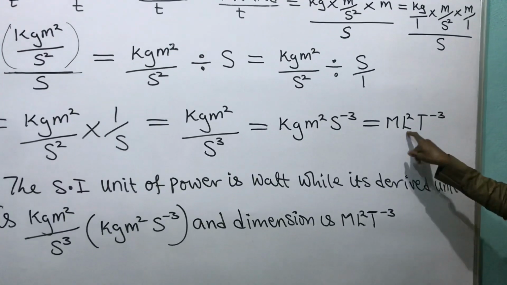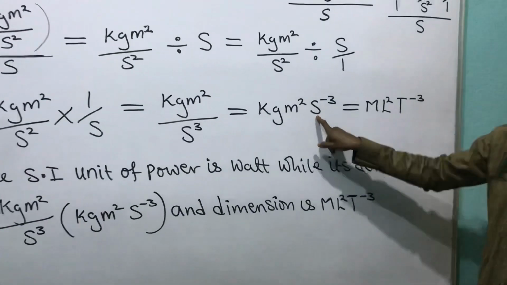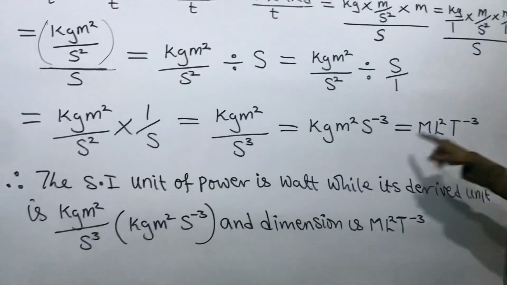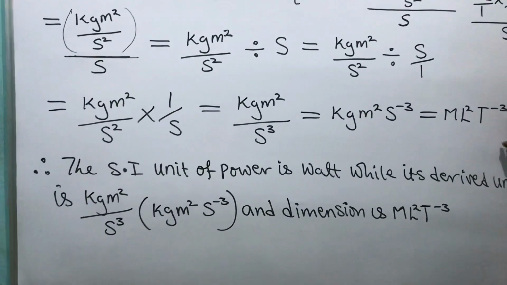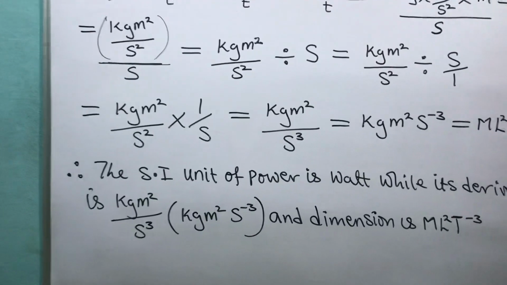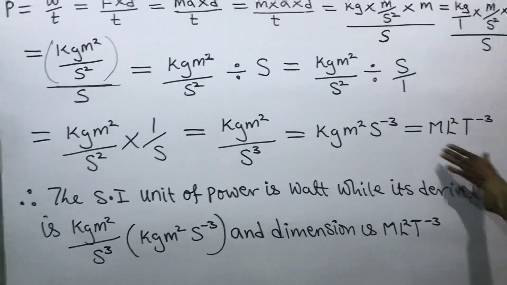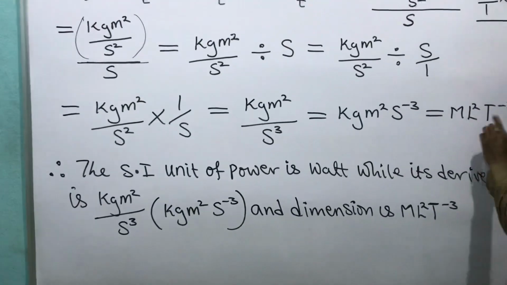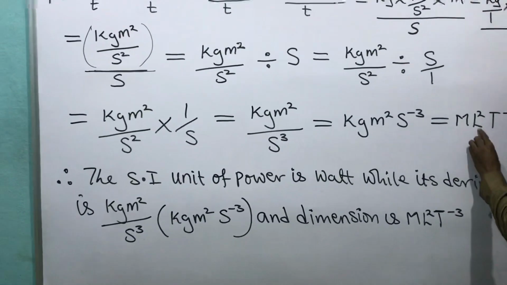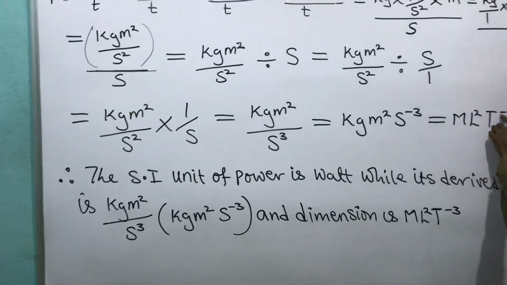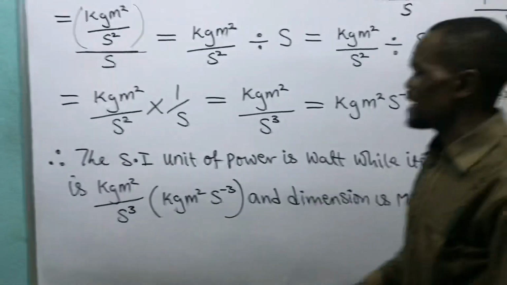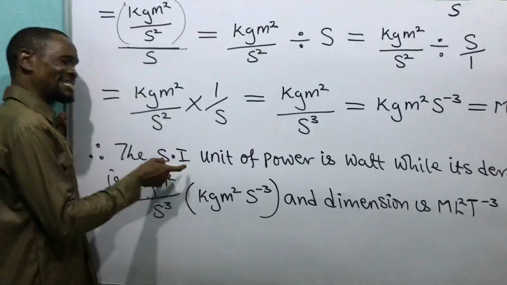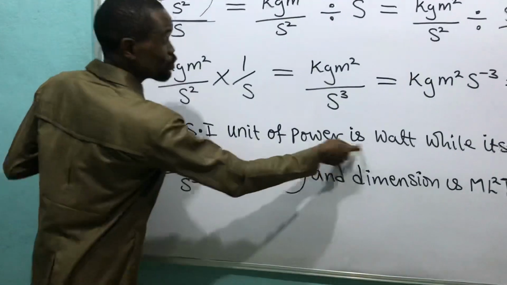Removing the seconds, I put capital T for seconds, which gives minus 3. And that gives me the dimension of power: capital M, capital L squared, capital T raised to power minus 3. Therefore, the SI unit of power is watts.